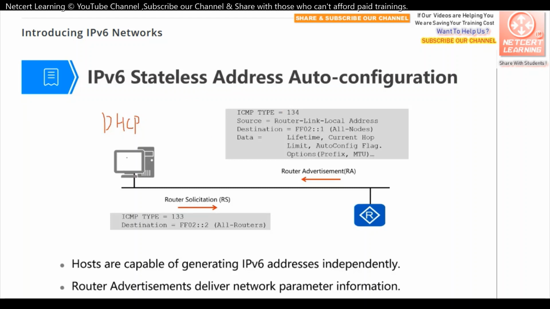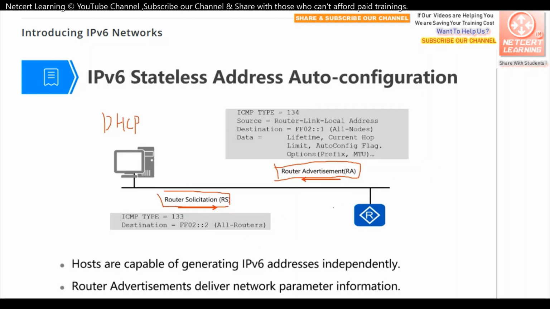When a client joins this network, it will send router solicitation (RS) packets to the routers of this network. When the router receives this RS, the router will send router advertisement (RA) packets to this client. What's the meaning of this packet? It will tell the client the prefix of this network, of this IPv6 address.